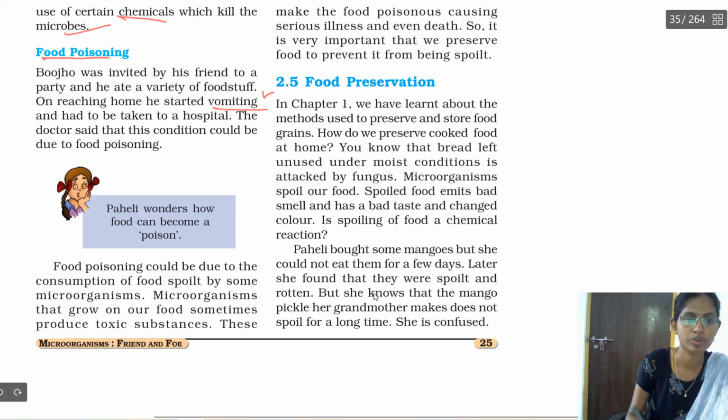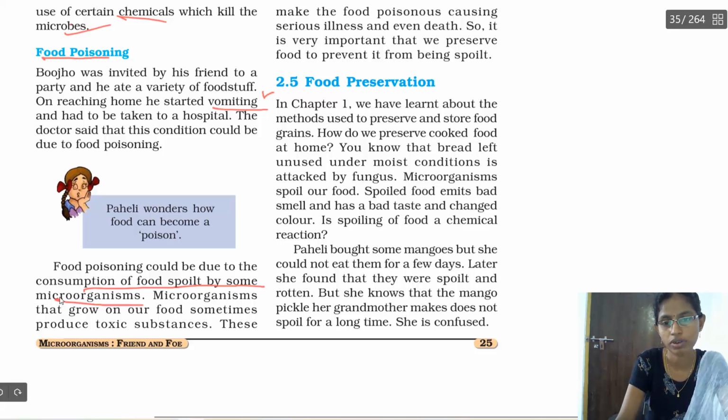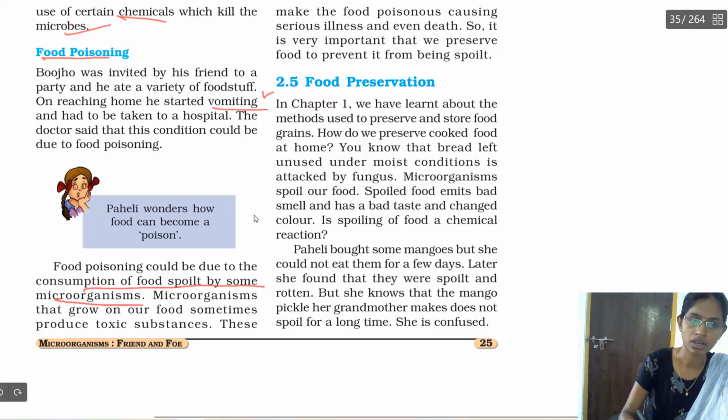Food poisoning could be due to the consumption of food spoiled by some microorganisms, okay? Food poisoning is nothing but spoiled food taken in due to some harmful microbes. Unknowingly we take the food, and that food contains some harmful microorganisms that cause vomiting and some other sensations in our body, okay?